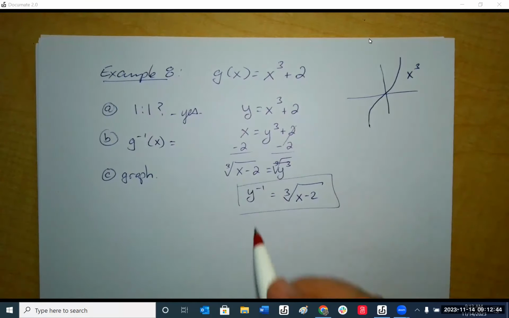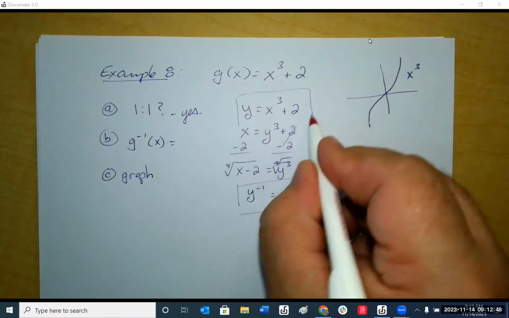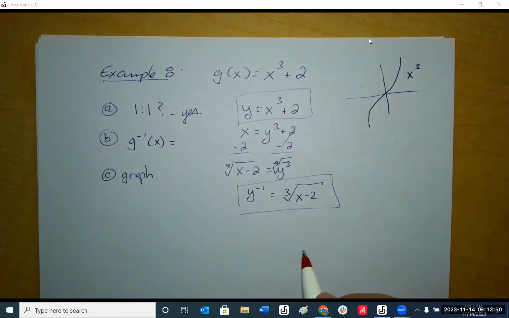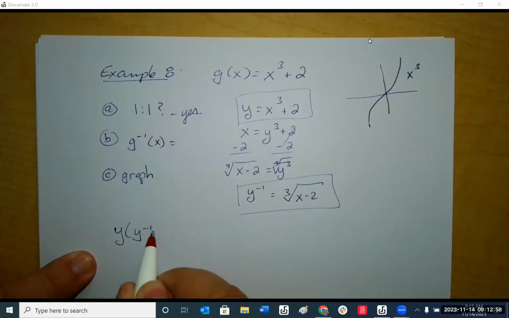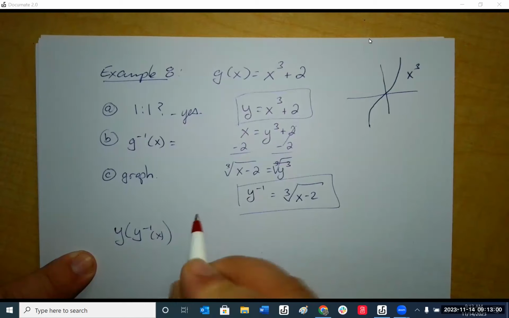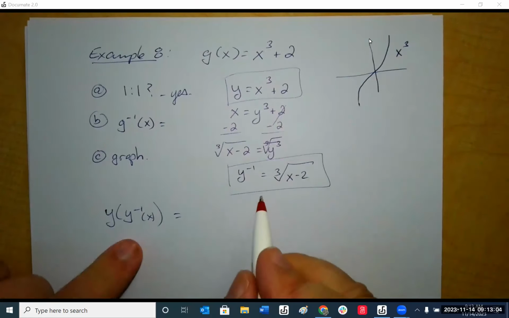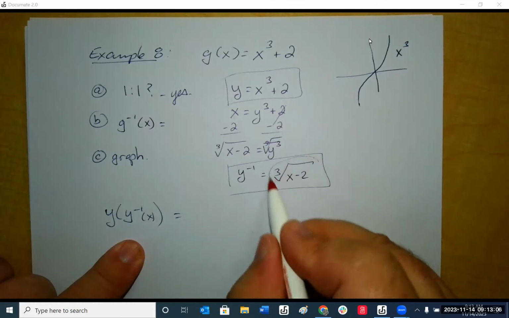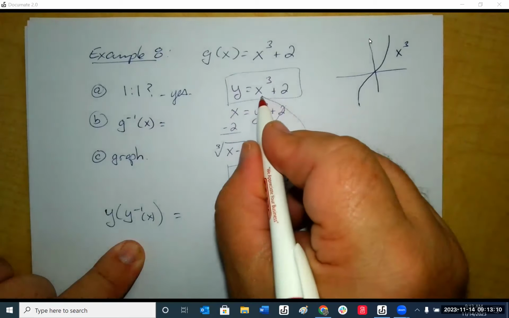So let's test our two functions. I take this equation and plug it in place of x there.